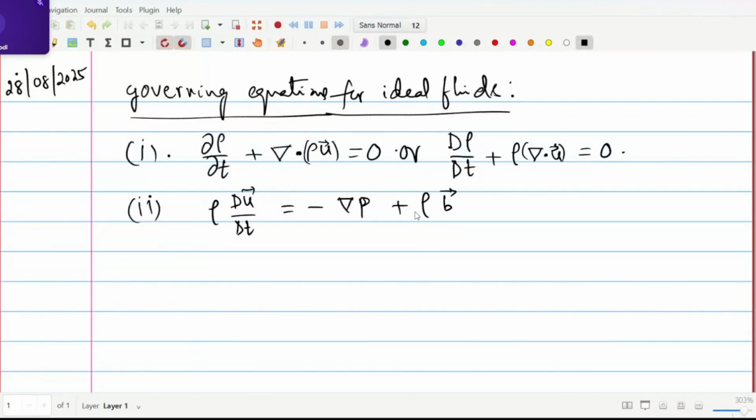B is the body force per unit mass, for each unit mass, so rho into B bar over the full omega. This is the equation of mass, from mass conservation, and this is your momentum equation.